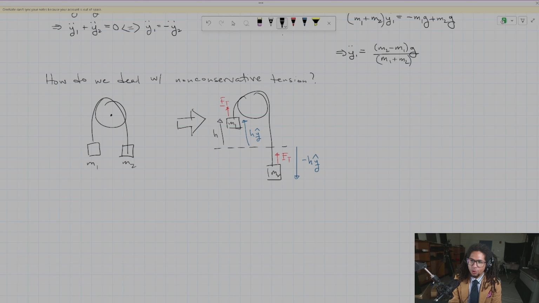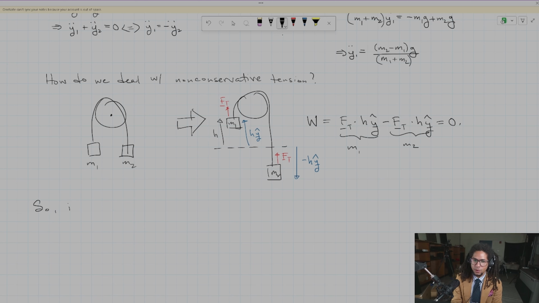So overall, the work done on the system of the two masses, let me just say work in total, is Ft dot h y hat, this first one from M1, minus Ft dot h y hat, and this is from mass 2. But that's definitely equal to 0.